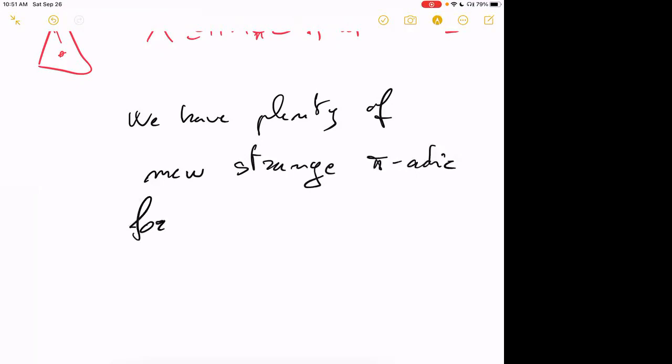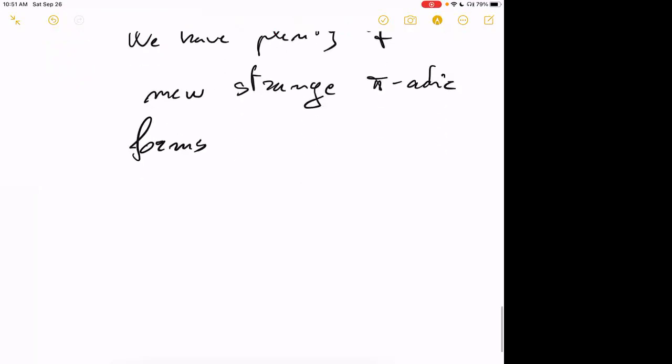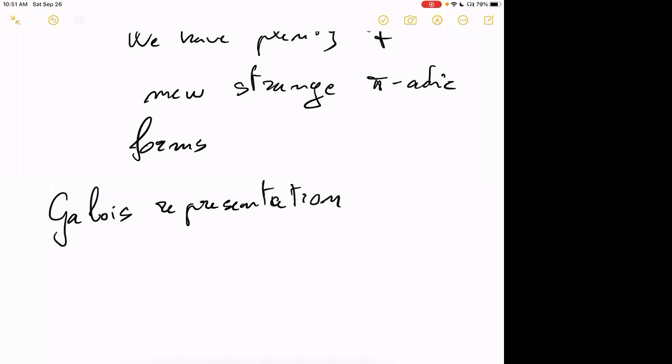And we don't know much about them. For example, we can construct a Galois representation. Somehow we construct the representation interpolating classical representations and then specializing at a classical weight, but we cannot say much. We don't know much about it.